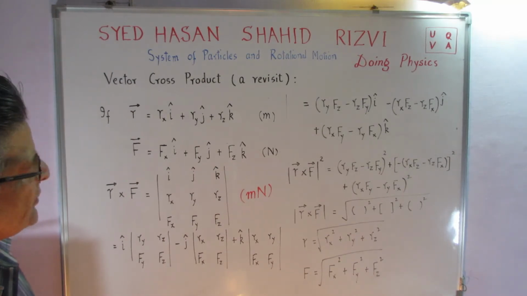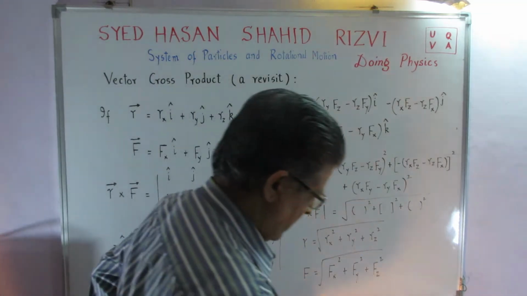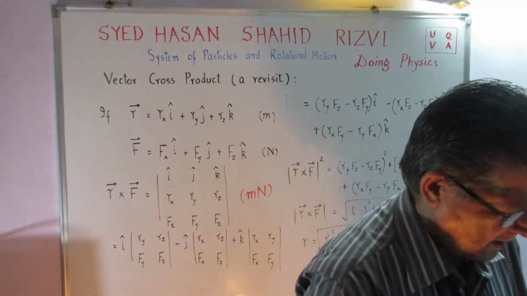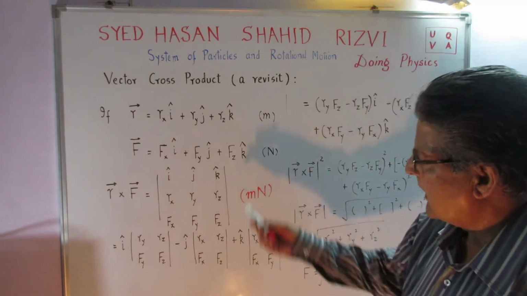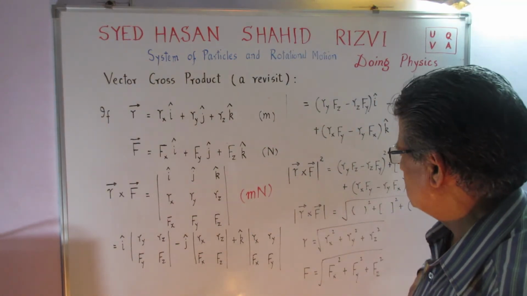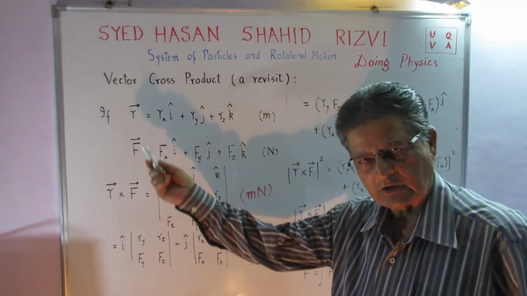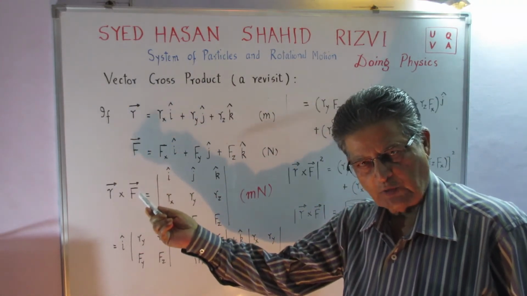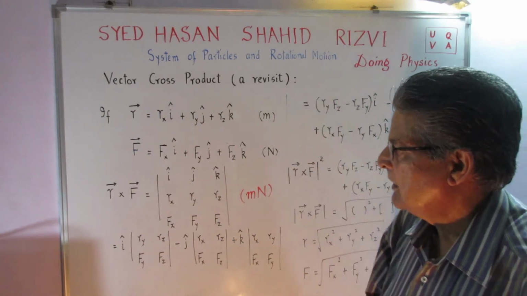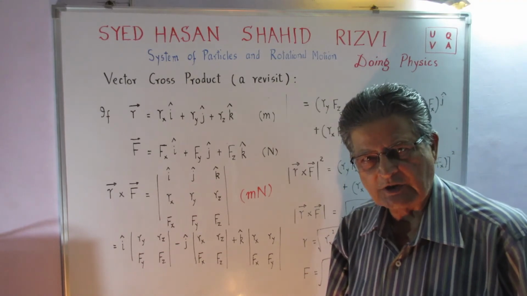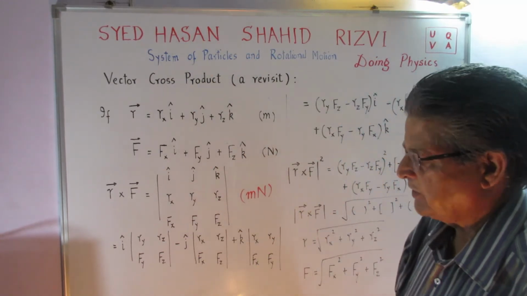R cross P is another very milestone kind of a thing, and I'm going to introduce that to you shortly. R cross P and R cross F are the two vectors which are useful here, and we'll also see that there are angular velocities and accelerations, etc. There is a cross product there also, which we can determine.